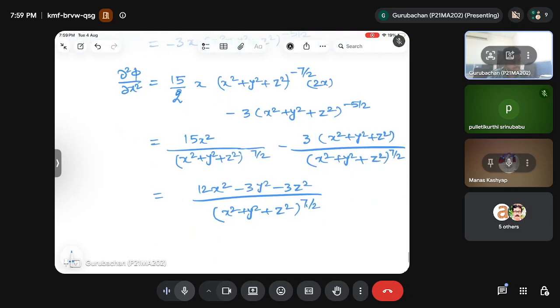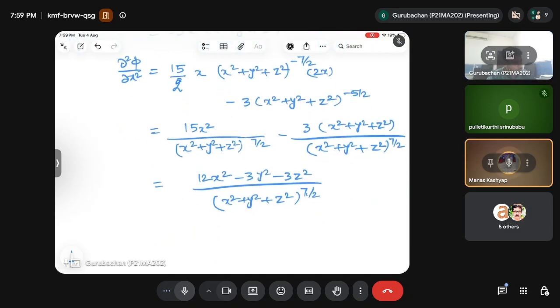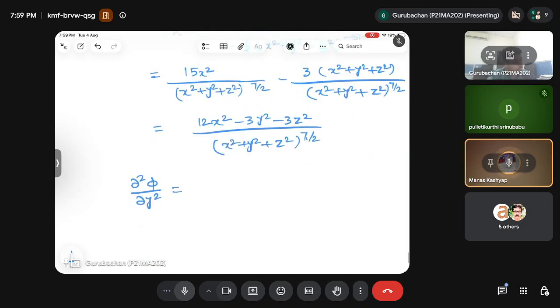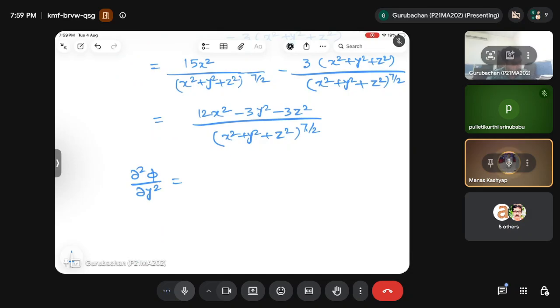Sir, the answer is 6 upon (x square plus y square plus z square) to the power 5 by 2, I guess so. We can directly see that this is cyclic, like x square, y square, z square. So in the next term, in place of x square, there will be y square, and next, in place of y square, there will be z square.